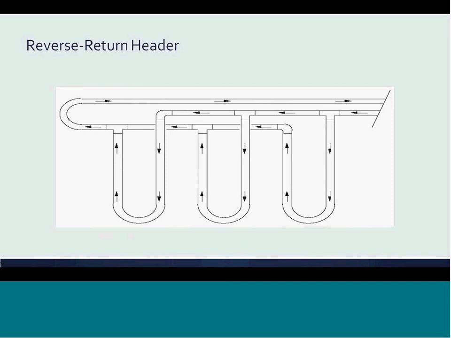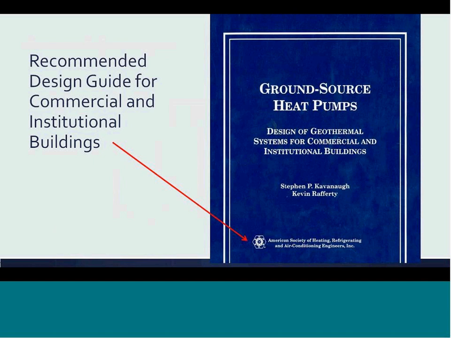A direct return solution may be employed if less than 30% of the ground loop head loss occurs in the longest header. This is per Cavan Rafferty's 1997 edition of the Ground Source Heat Pump Design Geothermal Systems for Commercial and Institutional Buildings. And just so you know what I'm talking about, a picture of that design guide.